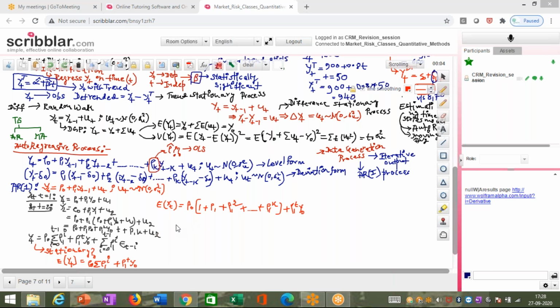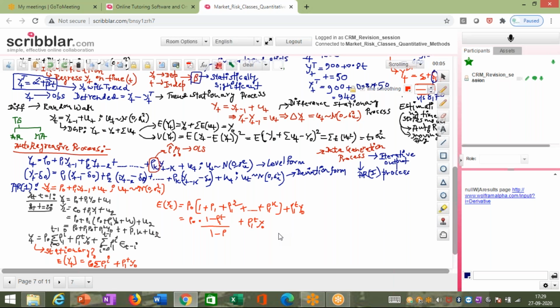So therefore, what we have over here is something like this: rho 0 into 1 minus rho 1 to the power of t, divided by 1 minus rho 1, plus rho 1 to the power of t y0.